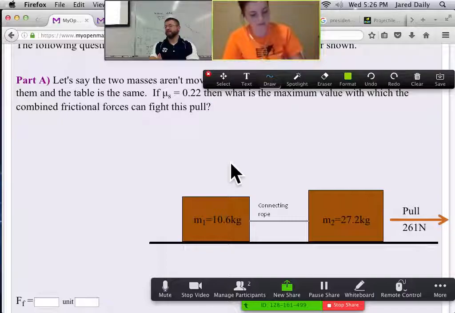Take it for mass 1, for mass 2, and add it together. Yep. And since the friction that both of those boxes have is less than what's pulling on them, it's starting to move, right? That is correct.